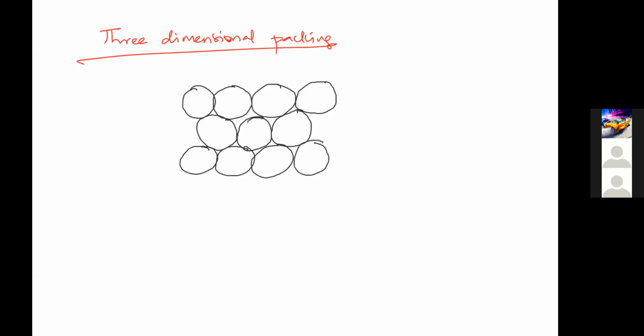Can you clearly see if you have AAA on the top and let's say BBB and AAA is again similar. Can you clearly see there's a triangular space that is present?